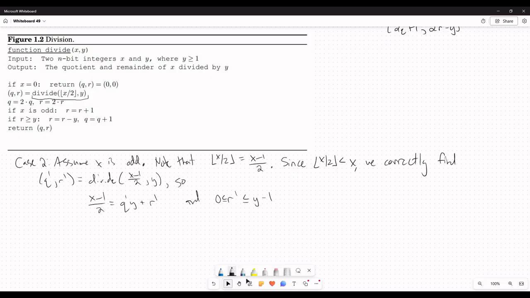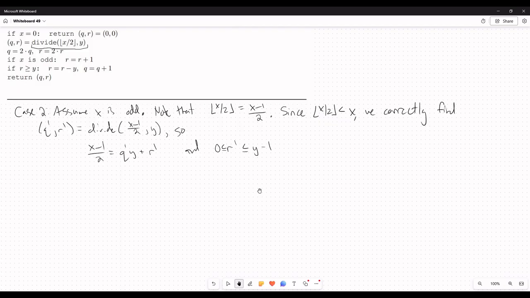Now in the previous proof, what we did is we then multiplied both sides by 2. Technically we need to do a little bit more here. So we're going to solve the equation for x. When we do that, I need to multiply both sides by 2 and then add 1.